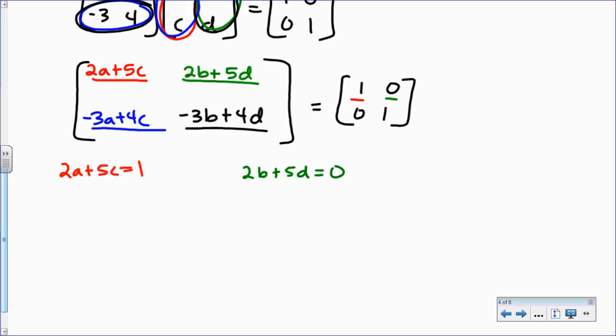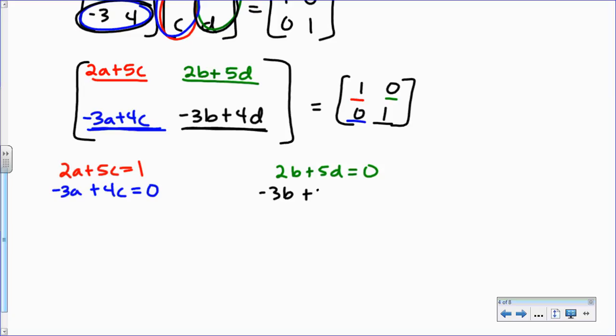I'm going to separate these so I can put the equations with the same variables together. Negative 3a plus 4c equals 0. And negative 3b plus 4d equals 1.